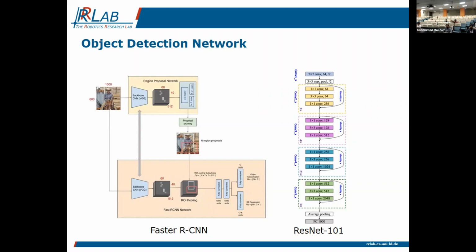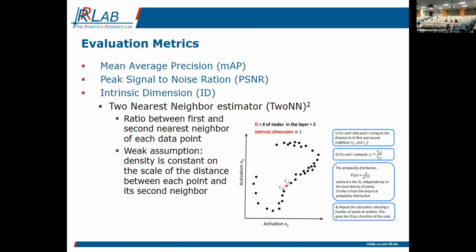It was coupled with a ResNet 101 backbone, also very common in the literature and in practice, because we wanted to look at the usual use case. And then, let's get to how we evaluated this.